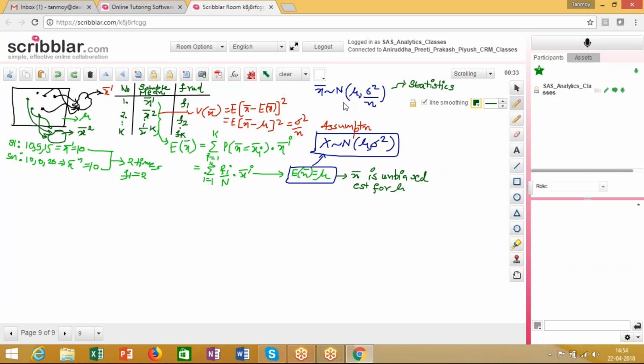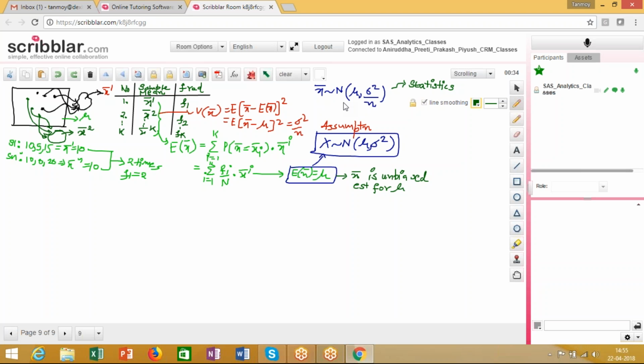An estimator is said to be sufficient for a population parameter if it has the capacity to reflect the different characteristics of the distribution. So this is why x bar is considered a good estimator for mu.